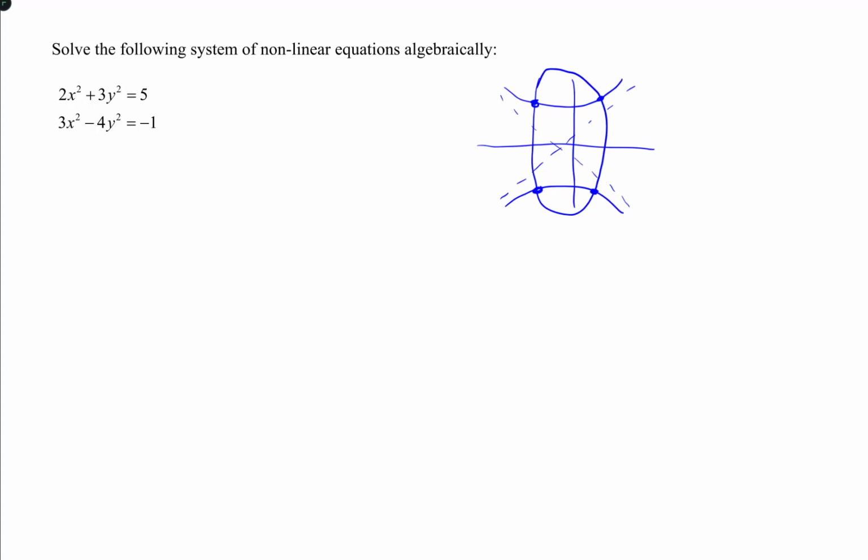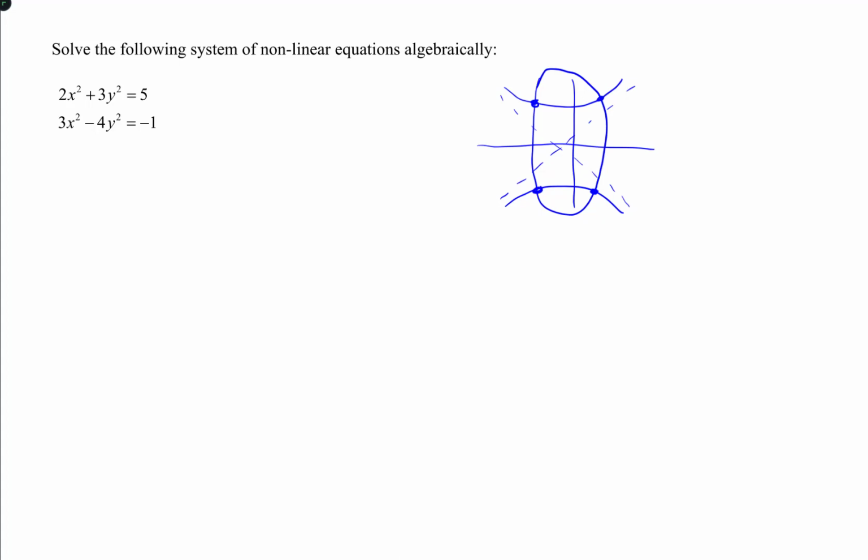So let's see what happens when we try and solve these. Now, normally with nonlinear systems, I try and push the use of substitution. But if all the variables are squares, then it's sort of the same system of solving as using elimination. So it's perfectly fine to use elimination in that case, in my opinion.